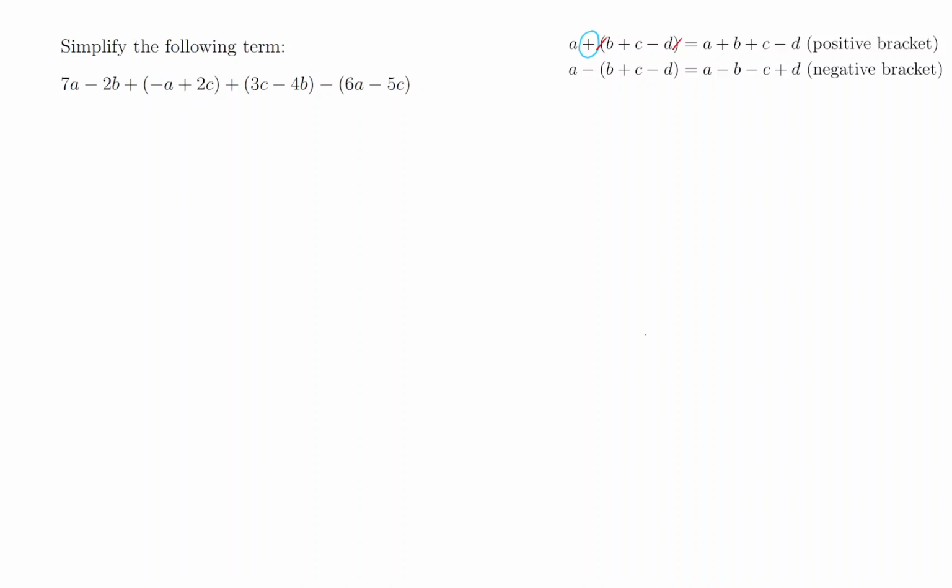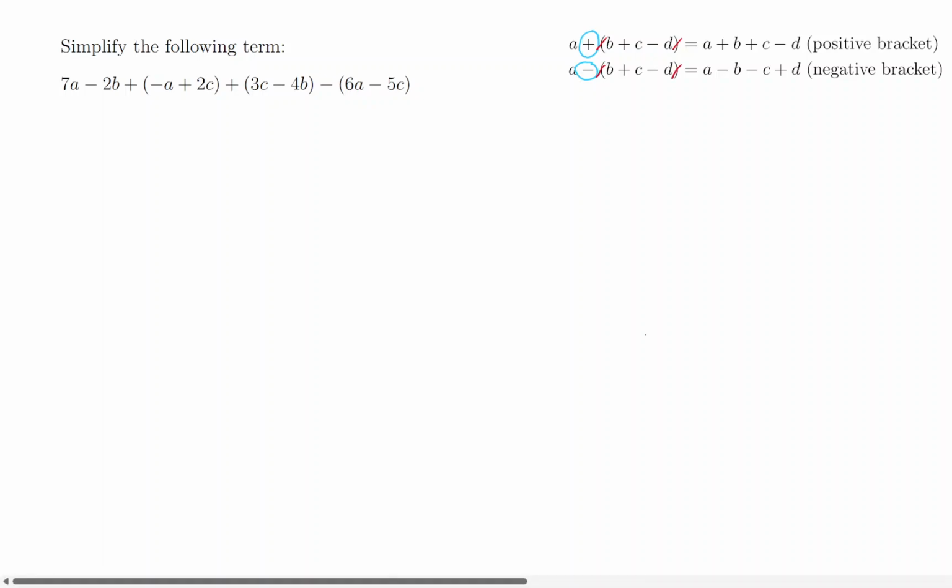The next thing, and this is a little bit more difficult, are negative brackets. And negative brackets, as the name says, have a negative sign directly in front of the bracket. So how do we deal with that? As we want to eliminate the bracket, we throw the brackets away.